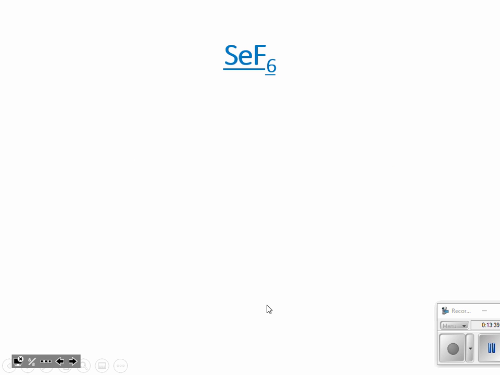Now this last one is a little bit tougher, because I look at this and I say, okay, here's selenium and here are 6 F's. So I have selenium hexafluoride. You don't know how to name that quite yet, but that's what it is. So what I would do if I were you, there's a couple of things that we can do if we get something like this.